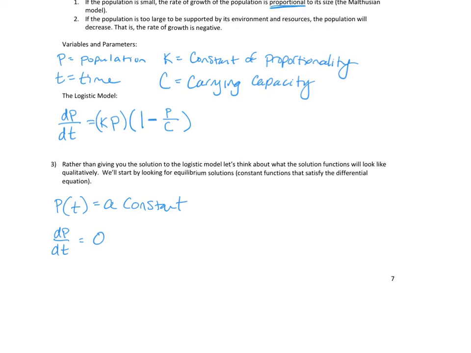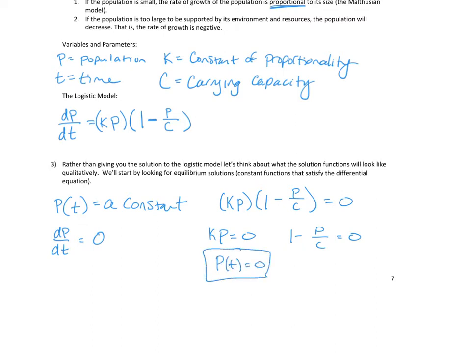So I set my equation KP times 1 minus P over C equal to 0. So I have two factors multiplied together giving 0. That means either one factor is 0 or the other factor is 0. K is a constant of proportionality, so I can just divide both sides by K and I get P of t equals 0. That's one equilibrium solution.